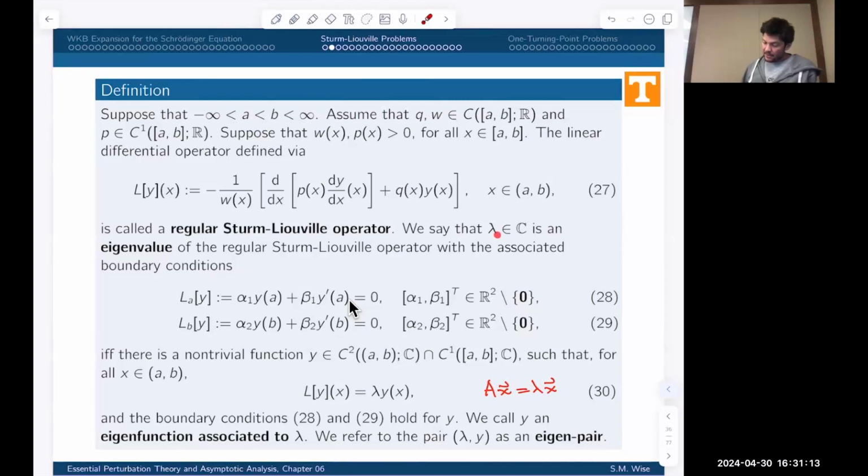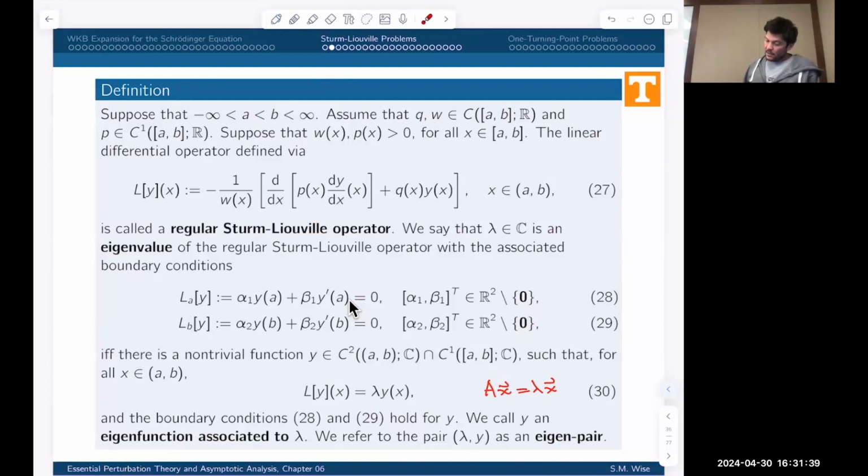So we say that lambda is an eigenvalue of this operator with these boundary conditions if and only if there's a non-trivial function, that means a non-zero function. This is true for all eigenvectors. Whenever you look at eigenvectors, you're looking for values of lambda such that there's an associated eigenvector which is non-trivial. It cannot be equal to the zero vector.